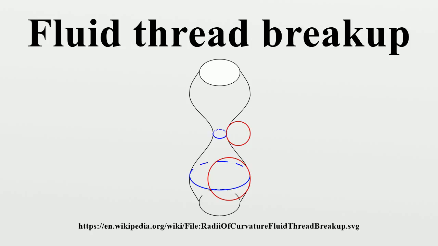Self-similarity assumes that the behavior of the fluid thread as the radius approaches zero is the same as the behavior of the fluid thread when it has some finite radius. Detailed understanding of nonlinear thread behavior requires the use of asymptotic expansions to generate the appropriate scaling behavior. Numerous solutions have been found for the nonlinear behavior of fluid threads based on the forces that are relevant in particular circumstances.